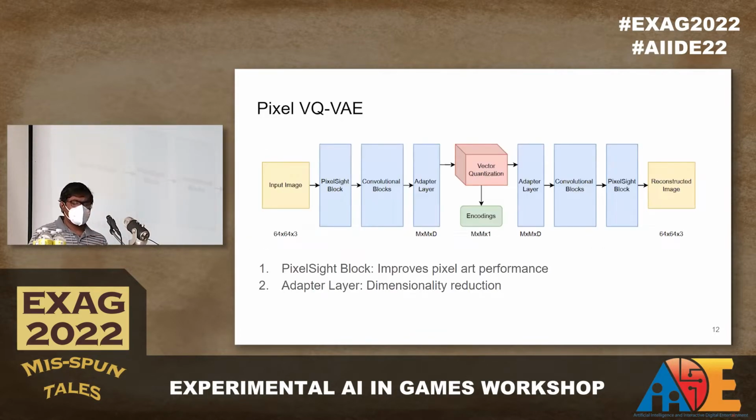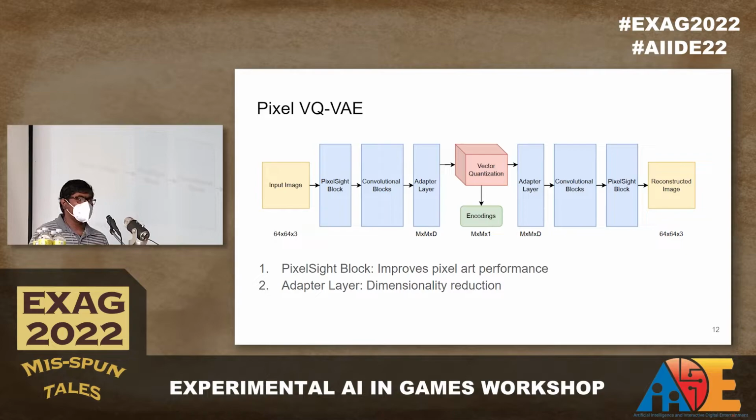Now, the Pixel VQ-VAE uses the standard VQ-VAE architecture, but we introduced two extra enhancements that improve performance on pixel art. The first is the pixel site block. This is specifically to target pixel art performance, and we use a 1x1 convolution to do this.